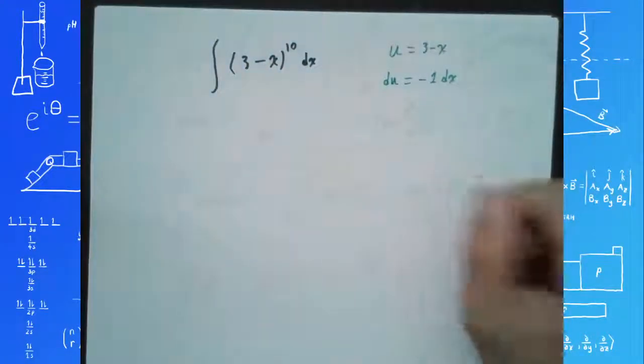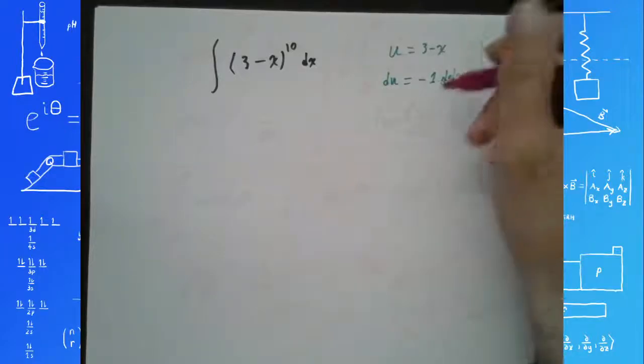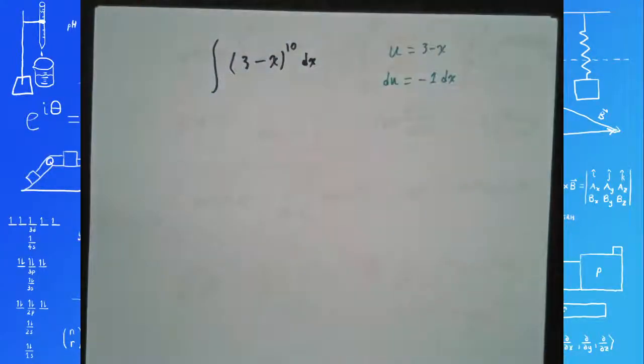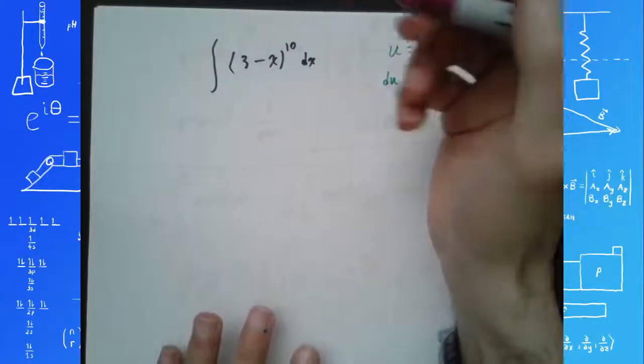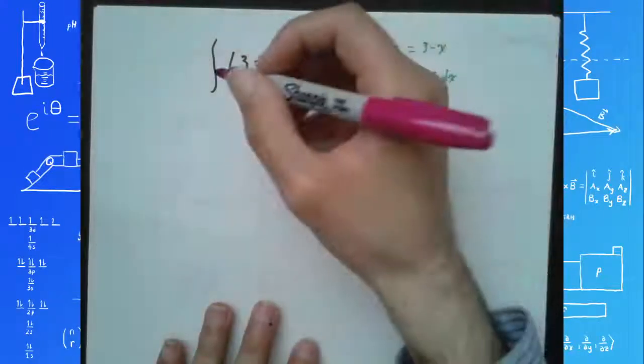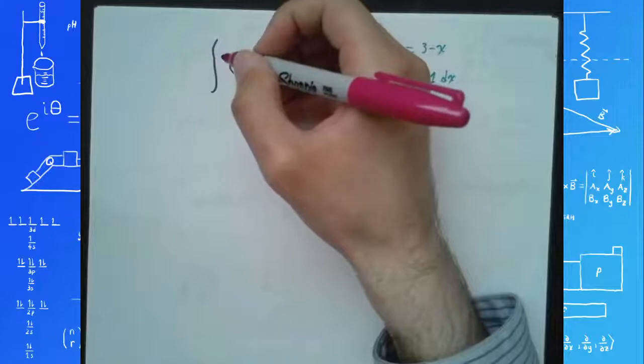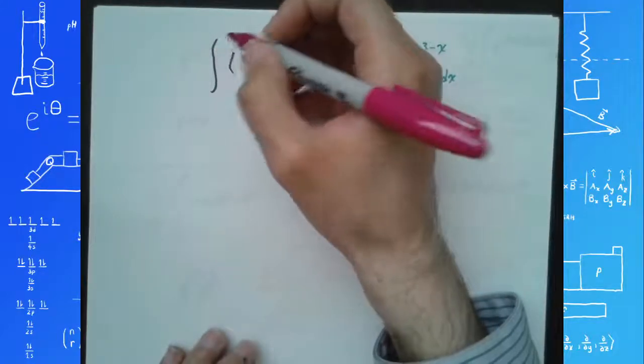Or the other method, which you'll probably see in college that math professors like to use, is you create a -1 dx in the integral so that you can replace it with a du. I don't have a -1 dx here, but I can make one because I can multiply by -1 and divide by -1.